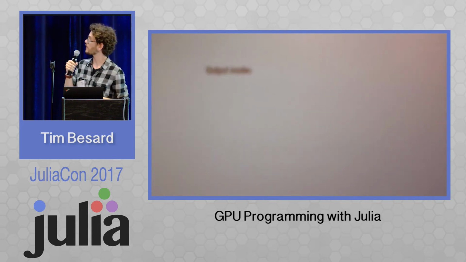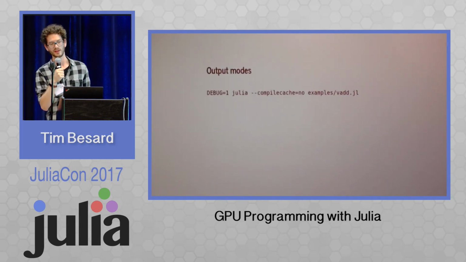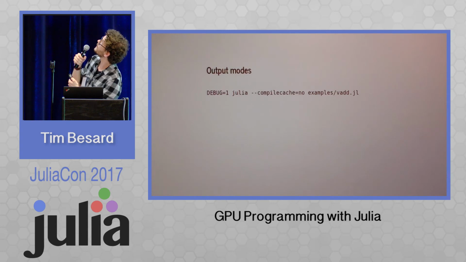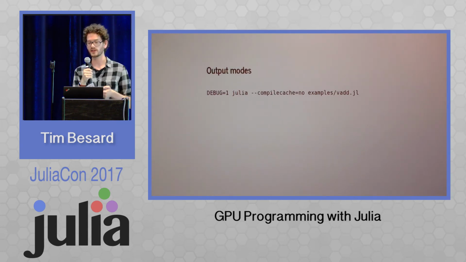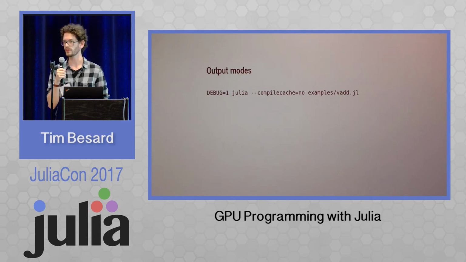If you want to debug other failures, CUDA driver, LLVM, and CUDAnative support multiple output modes. If you run Julia with the environment variable DEBUG equals 1, do note that you have to run with compilecache equals no, because otherwise the value of this environment variable is not going to be read.